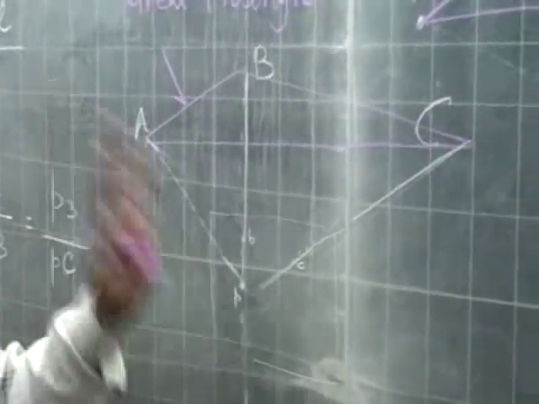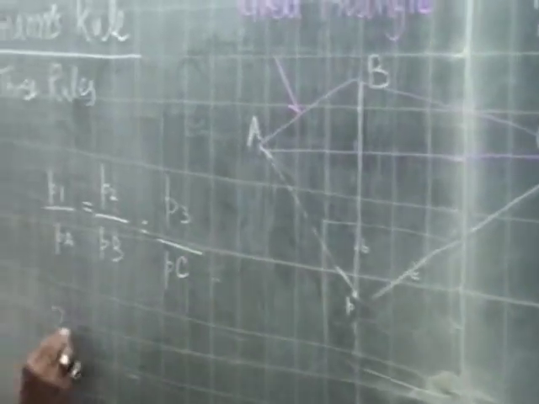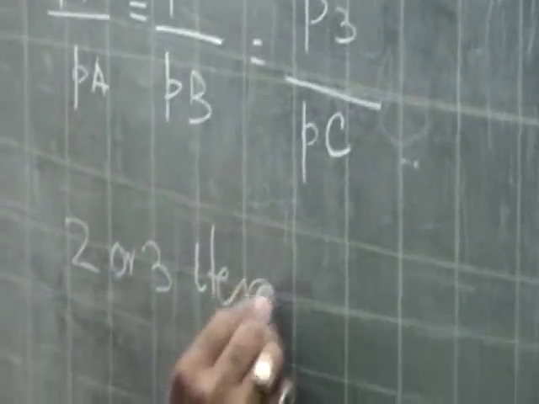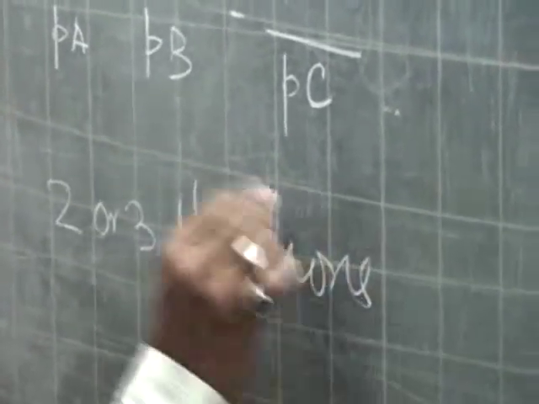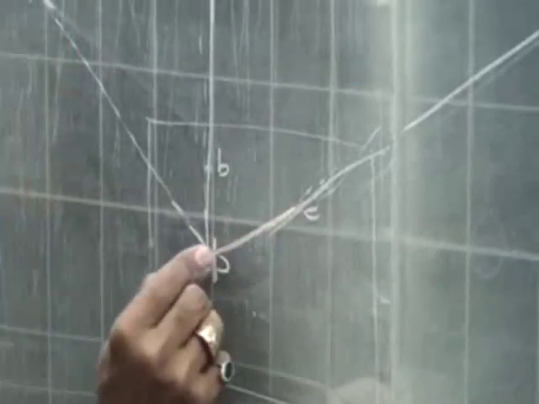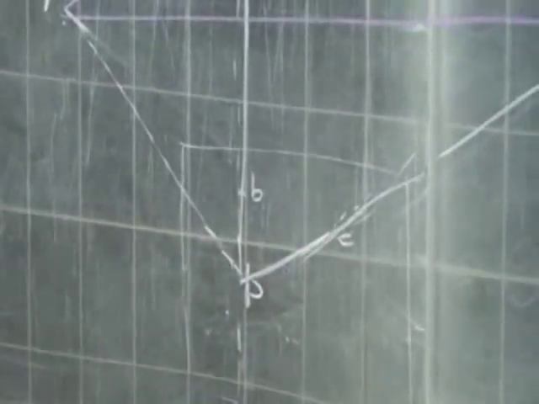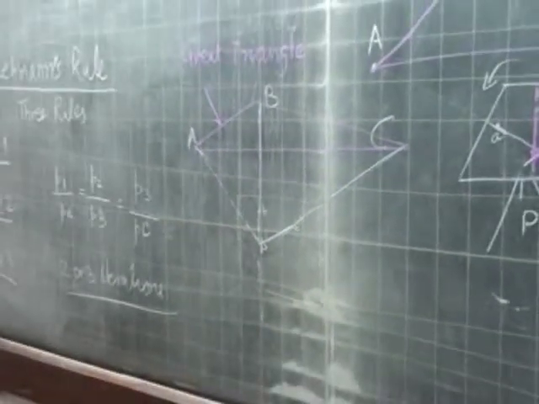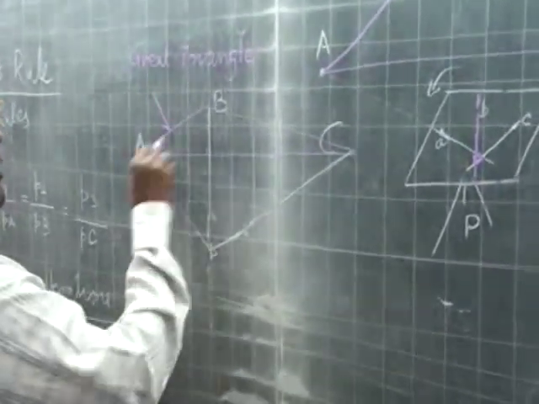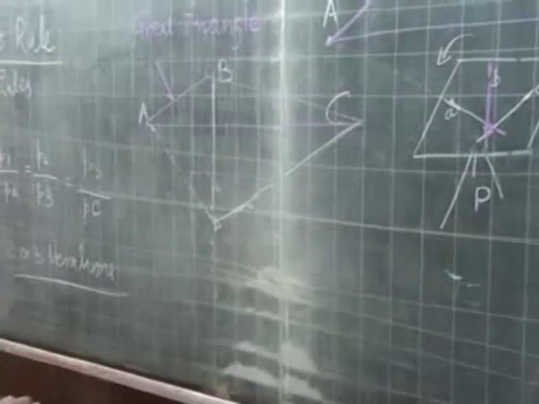So after 2 or 3 trials, 2 or 3 iterations, we will find that we are able to get a point small p where all the 3 rays are intersecting at a common point and the plane table is properly oriented along these 3 plotted positions.